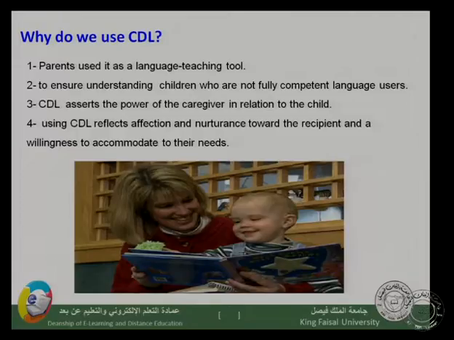The recipient here can be either a young child or a very old man. So this shows that I am willing to adapt my language to the language of the young child or the old man.